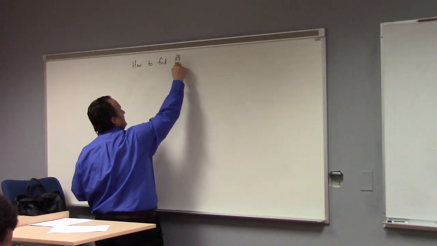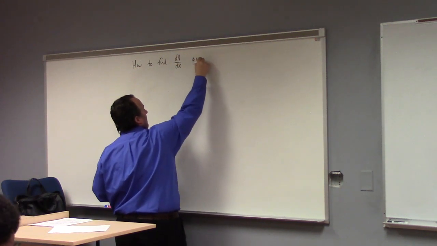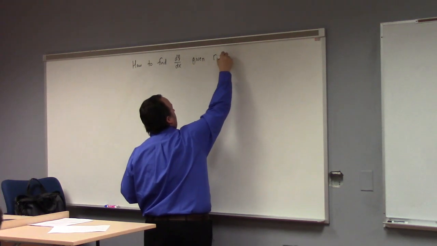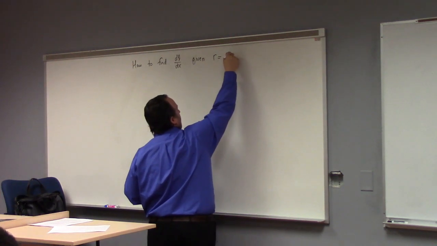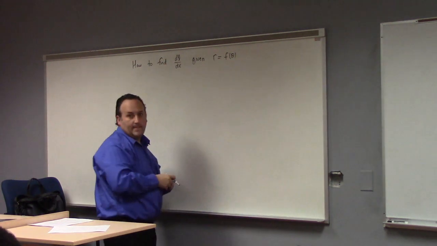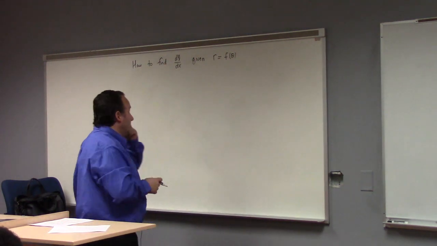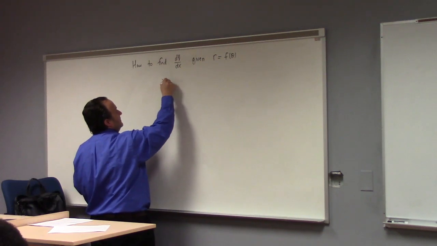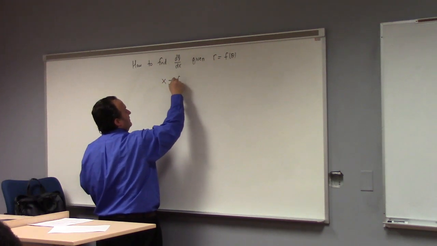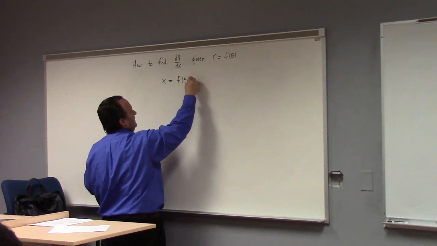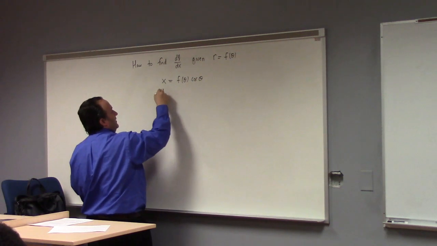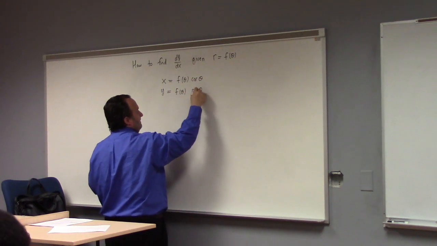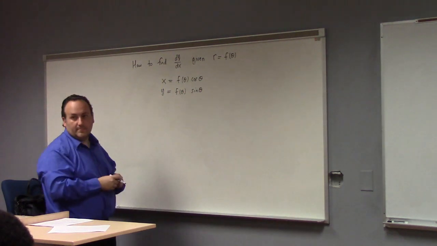dy/dx given r equals some function of theta, right? So I think the straightforward answer is to say, well, x is equal to f of theta cosine theta, and y is equal to f of theta sine theta, right?